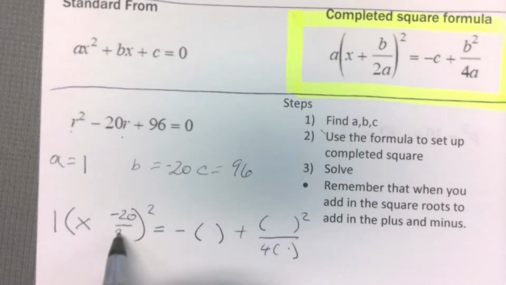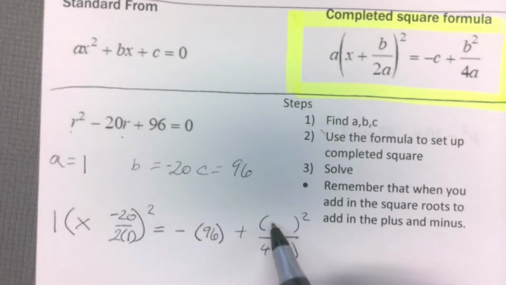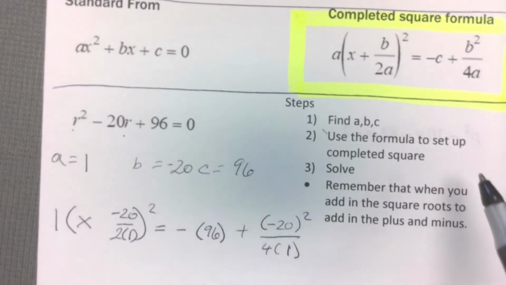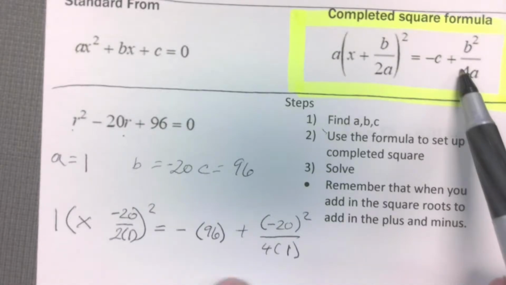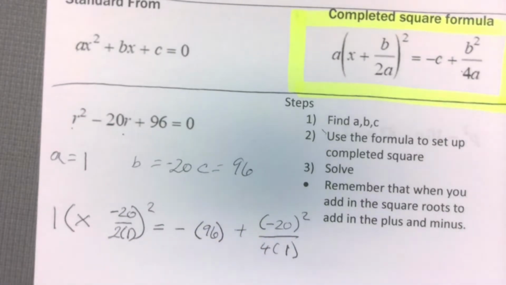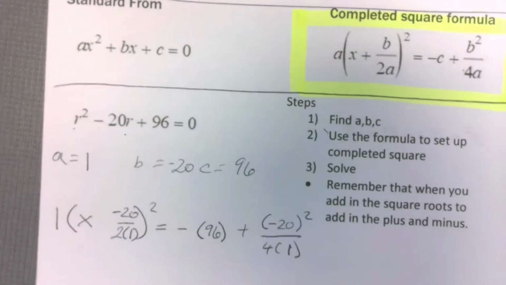What's my A? What's my C? What's my B? What's my A? Can you guys see how I just used this formula and plugged in the numbers I have? I'll pause and let you get that written down. Looks like we're ready.